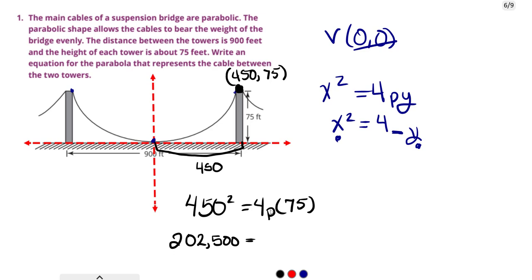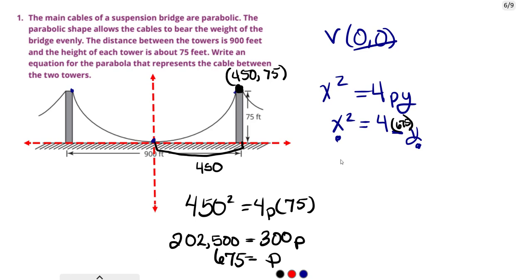And then 4 times 75 gives us 300p. So when I divide both sides by that 300, it gives us p is equal to 675. And so that means I need to take and put up here 675.